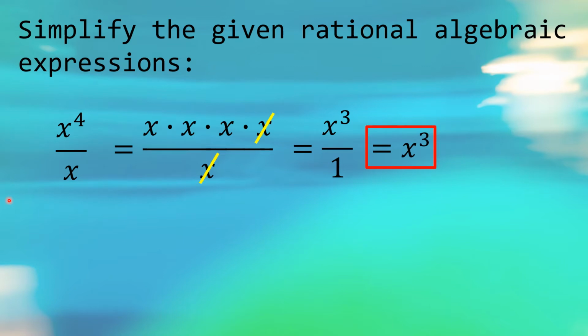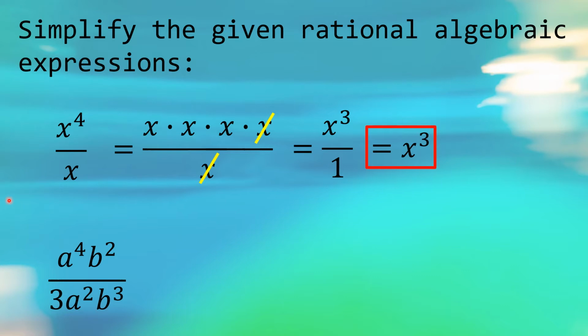And that is the simplified term of x to the fourth over x. Let's have another example: a to the fourth b squared over 3a squared b cubed. So, ganun lang din ang gagawin natin. I-expand natin yung given variables and constant. Since ang nasa numerator, ang variable a ay may exponent na 4, 4 times nating isusulat yung a.